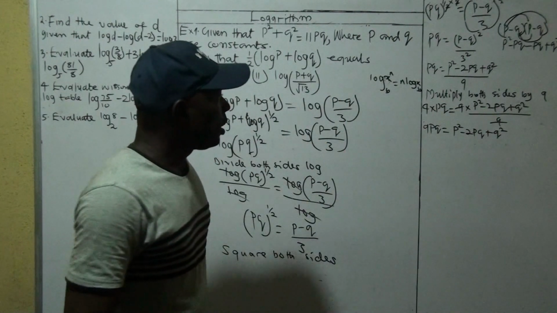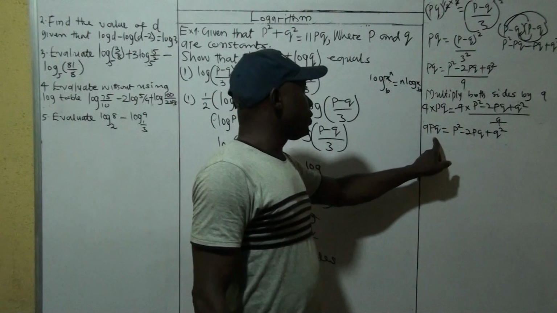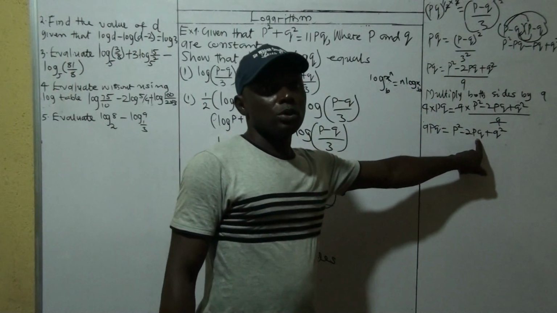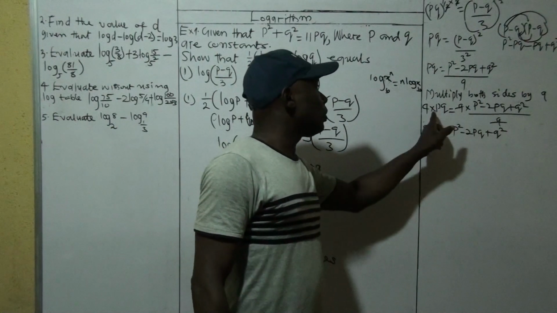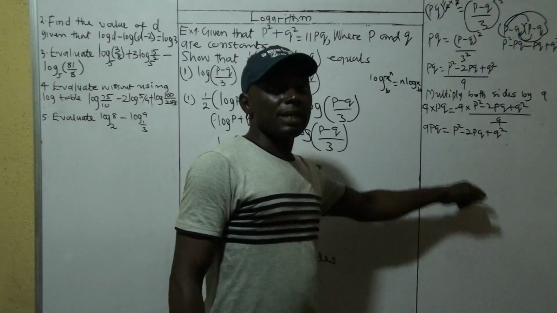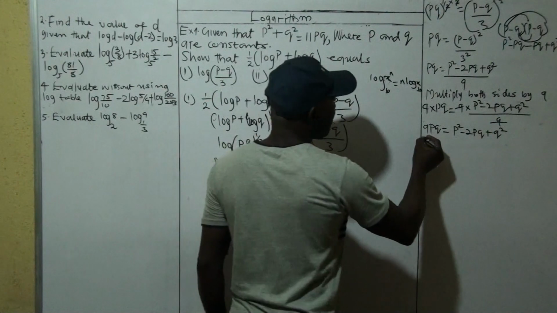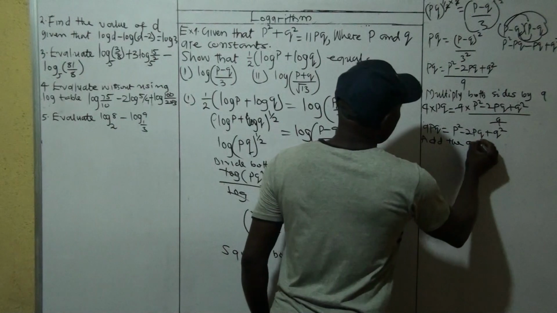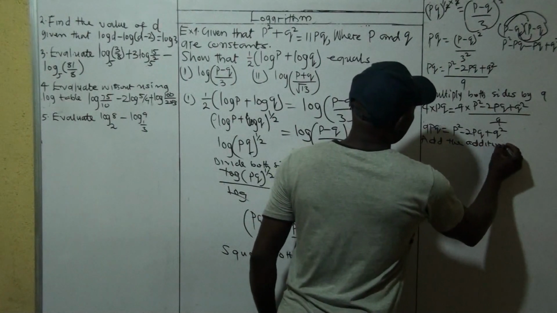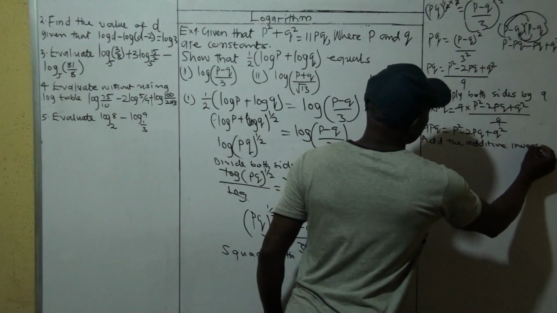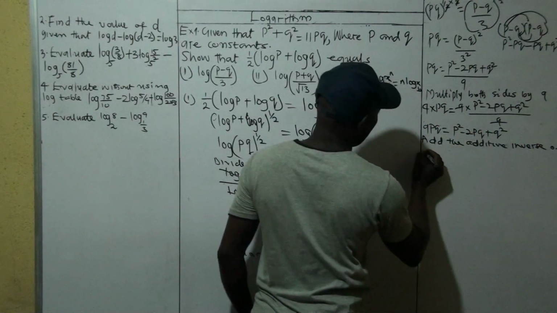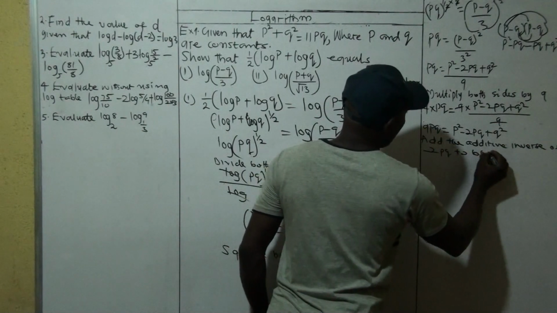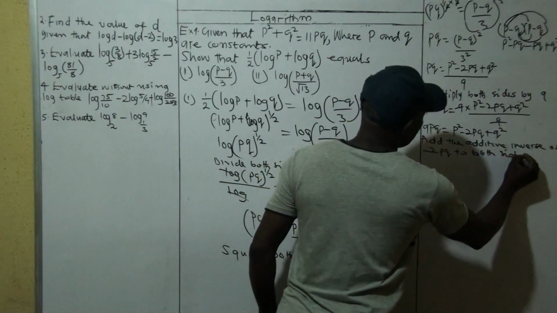Okay, now this is 9pq and this is minus 2pq. So we have to make sure that this one will move this way. Sometimes you say collect like terms, but here I will say, from our linear equation, add the additive inverse of minus 2pq to both sides.